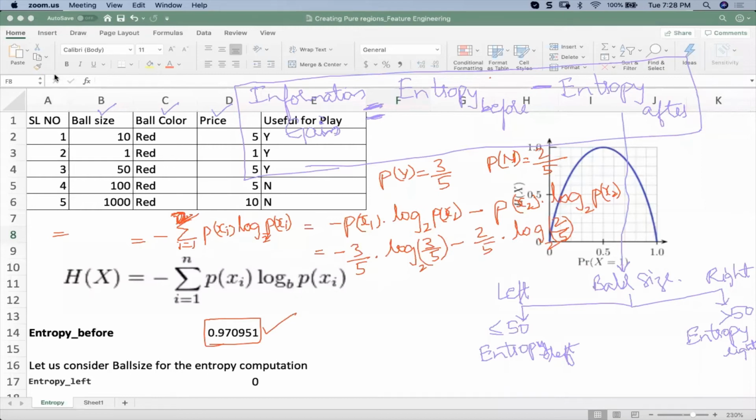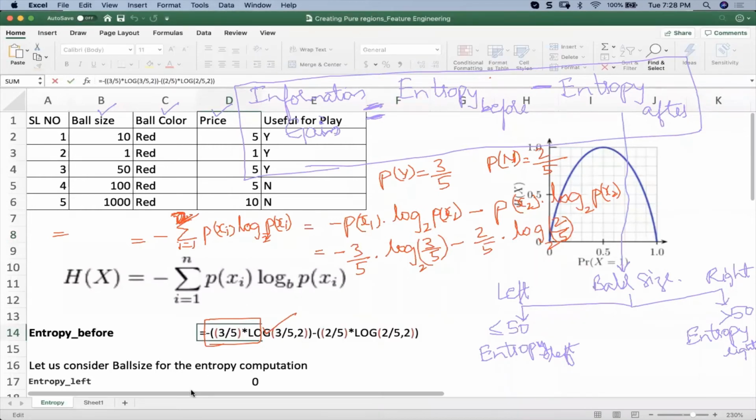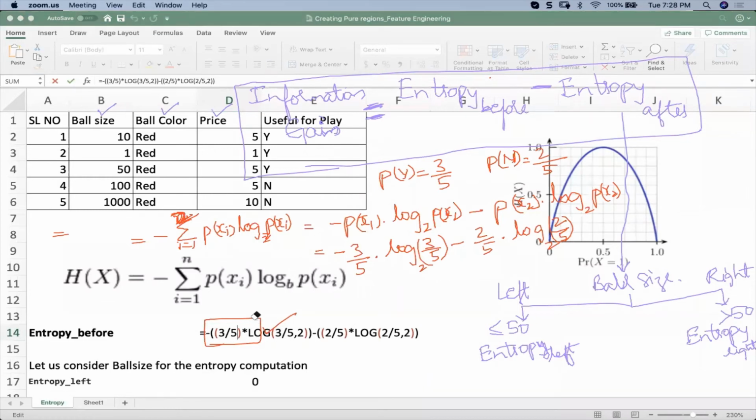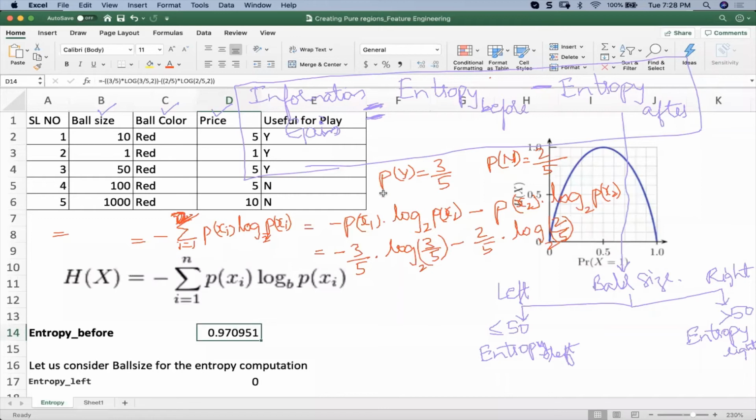It's already calculated. If I were to double click on that, you see that it's the same thing that I've given there. So you have entropy before, which we calculated.